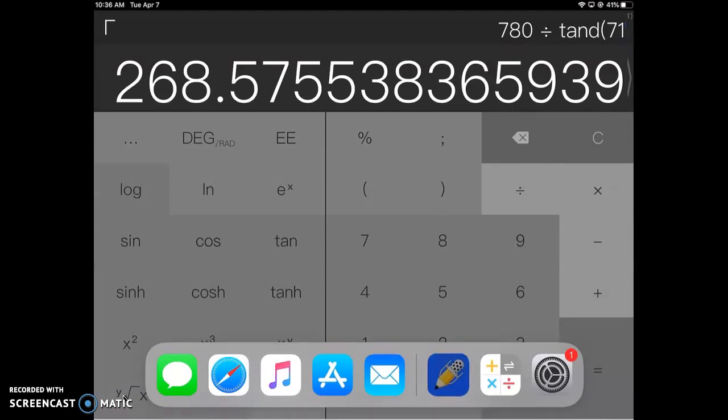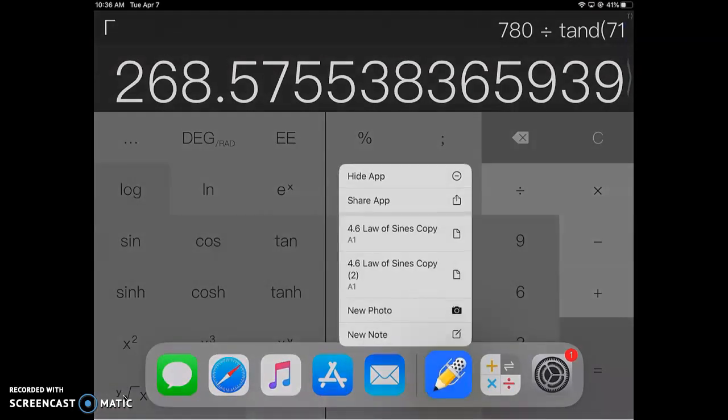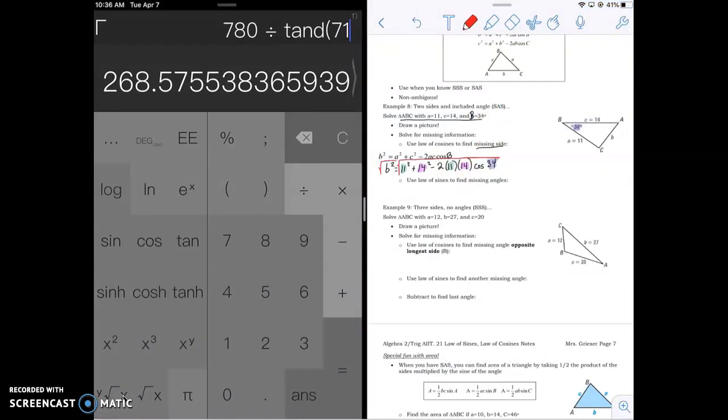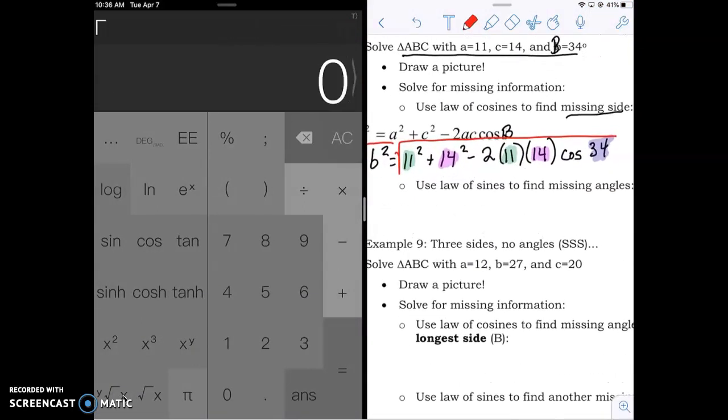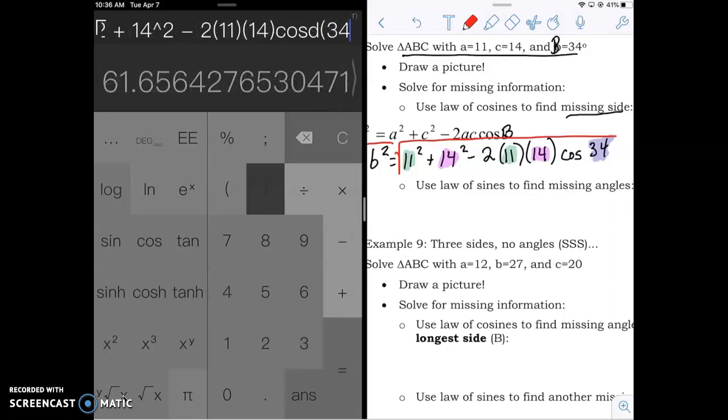All right, so let's see what we got, shall we? Okay, so I'm going to make sure I'm in regular sine, cosine, and tangent. 11 squared, right? Plus 14 squared, minus 2 parentheses 11 parentheses 14 cosine 34, enter.